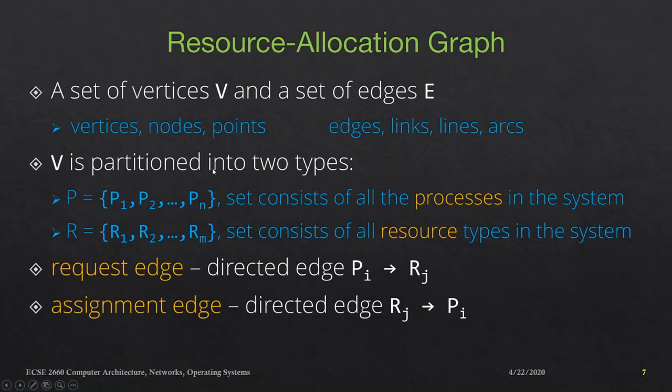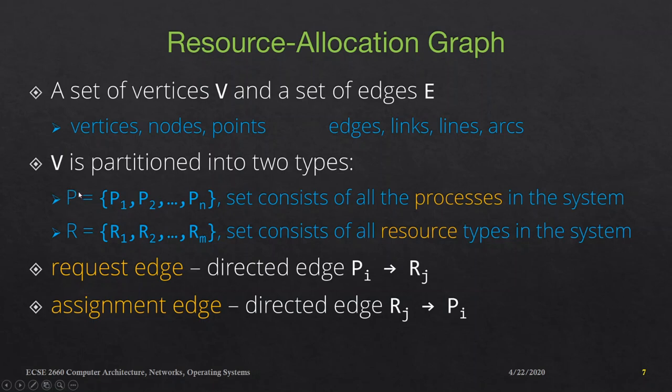V is partitioned into 2 types of vertices. We have certain processes that can be vertices or resources that can be vertices. So process vertex, the set consists of all the processes in the system. So P1, P2, P3, all these are vertices that are essentially processes in the system, and they belong to one set.